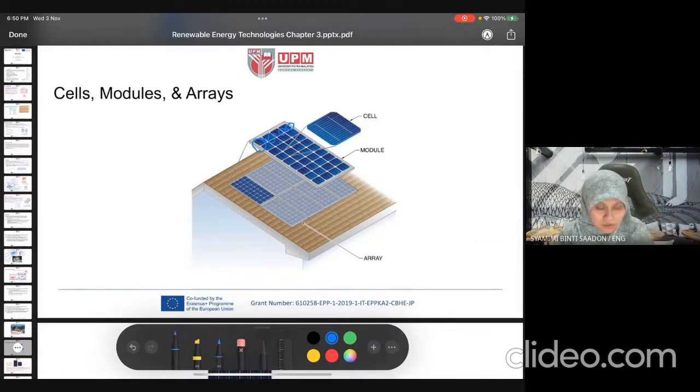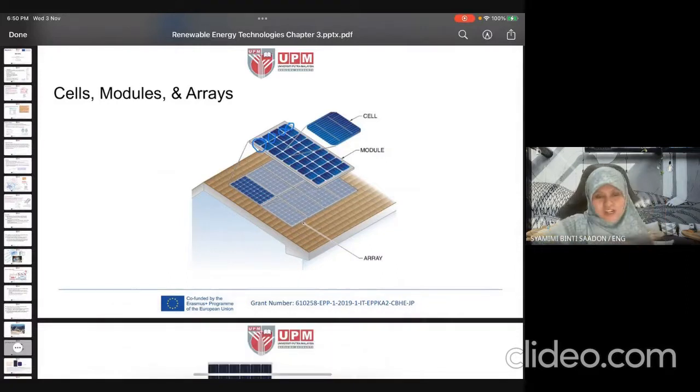For this one, we need 8 PV arrays. So 8 PV arrays times 36 just now. I'm not sure how much, but it means a lot of PV cells need to be used for just one installation on a rooftop. So at least you understand the different terms: PV cells, PV module, and PV array.